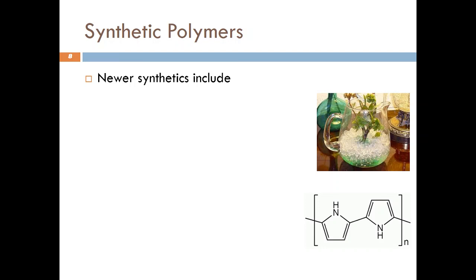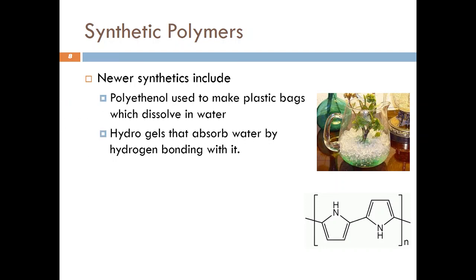And newer types of synthetic polymers include polyethanol, used to make plastic bags, which dissolves in water. Hydrogels come like plastic, a pretty hard ball, but if you soak them in water for one night, they grow, they absorb water and release water slowly.